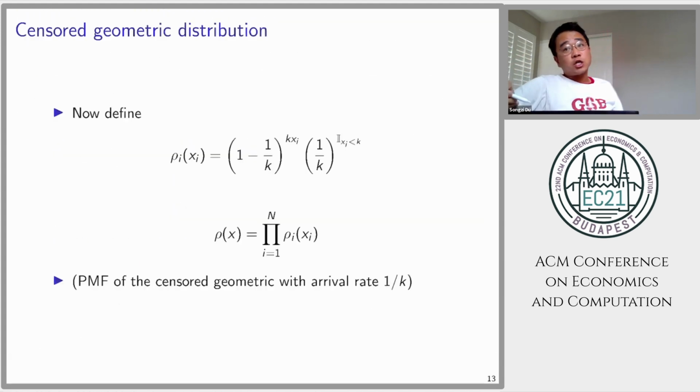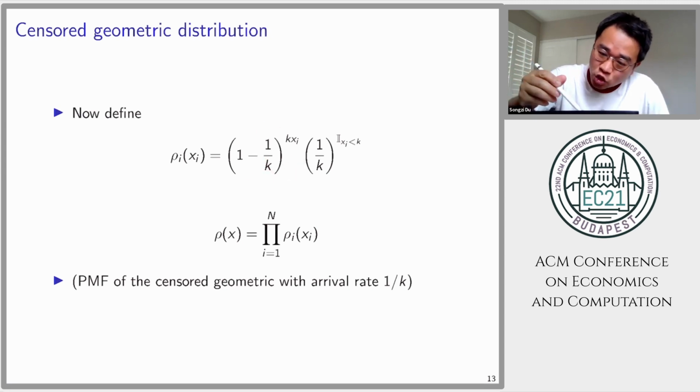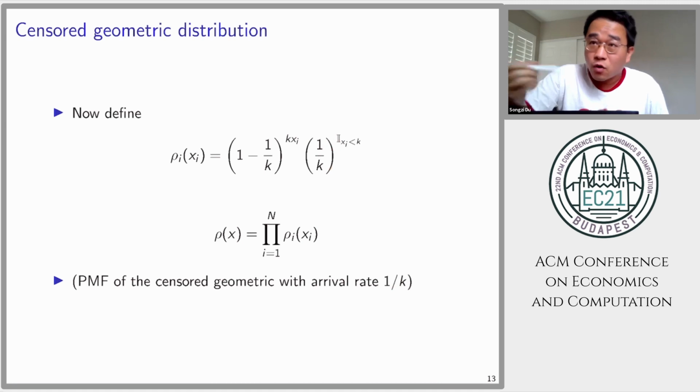Okay, so for nature's problem, let's use a censored geometric distribution on our grid Xi. This is just a geometric distribution with arrival rate equal to 1 over k. And it is a censored geometric distribution, so we put all of the probability mass on this.